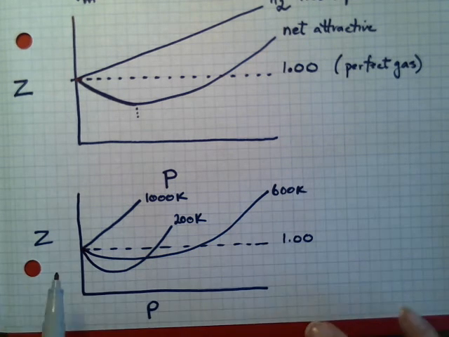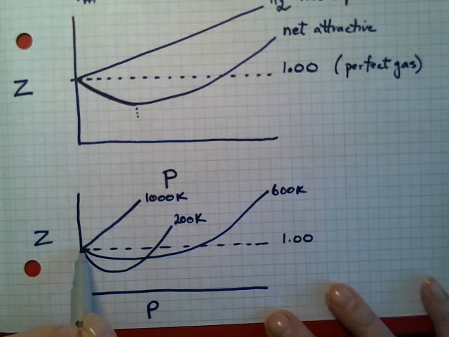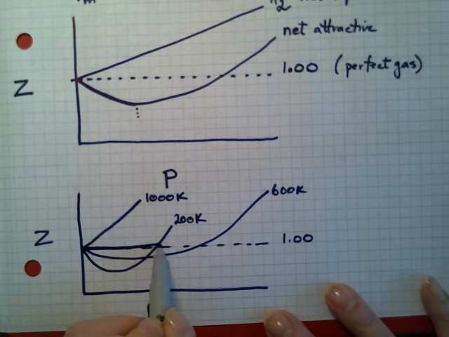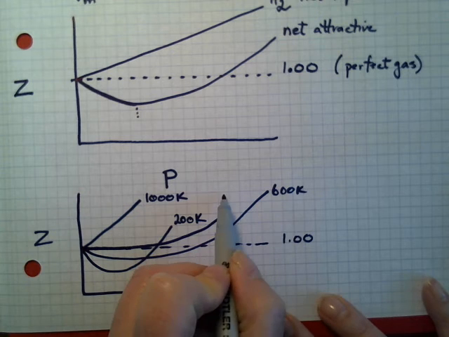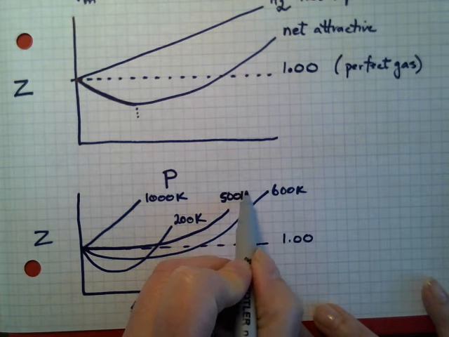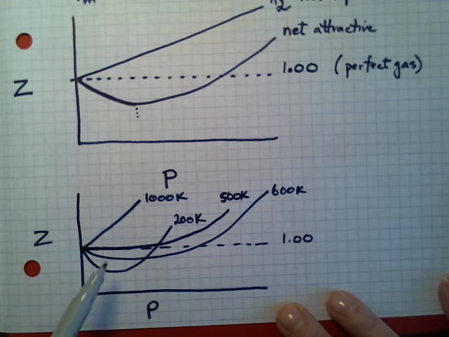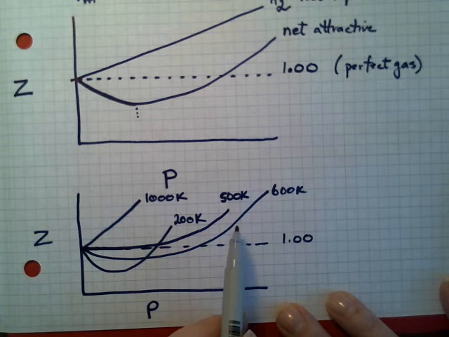And now I want to do one where it's behaving ideally and then it takes off. And let's say, these are all examples, right? This isn't a real situation. But it could be a gas. I just don't know which gas this is.